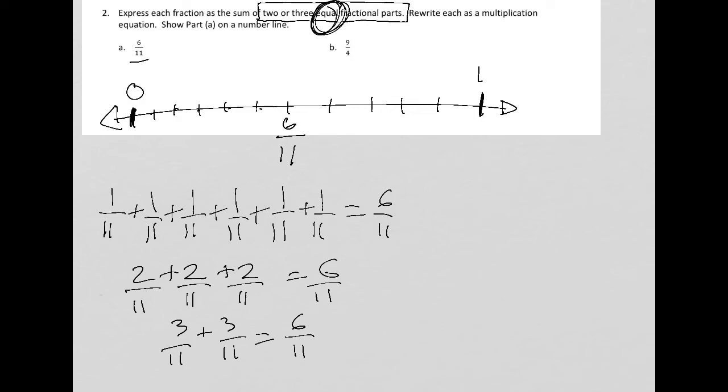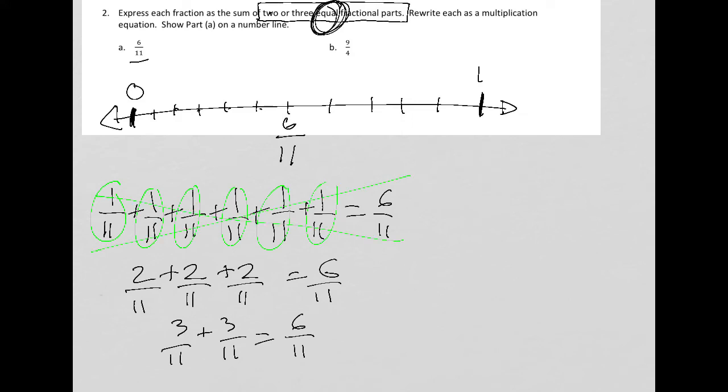And when I go back to my directions here, when they say 2 or 3 equal parts, you can see here that 1/11th plus 1/11th plus 1/11th, etc. That's made out of 6 equal parts, right? So I know that this is too many pieces.